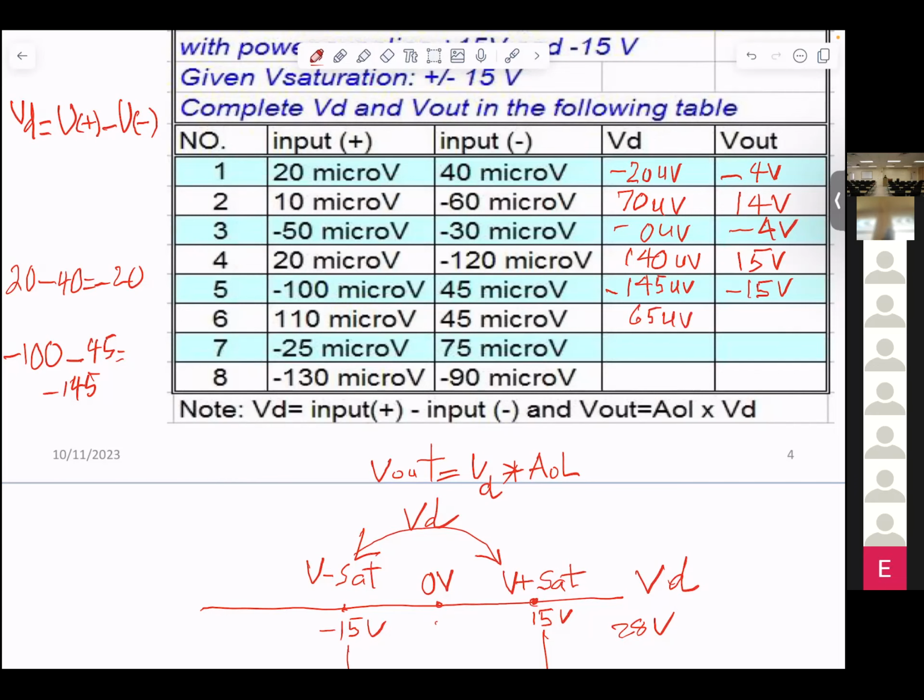What is the output? Let's see. I think it's 15. Let's see. Oh, no, actually, wait. So you got 65 microvolts, excuse me, times 200,000. It's 13. Perfect.